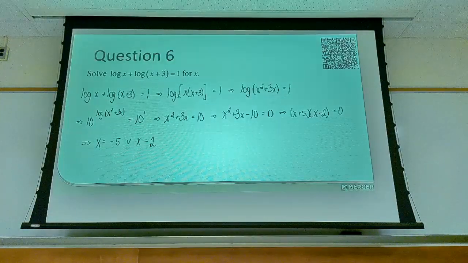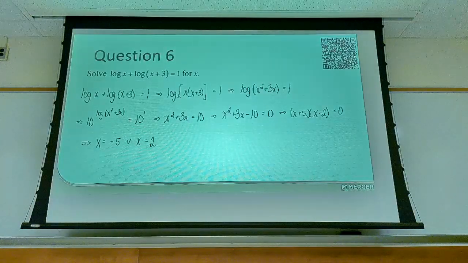Again, we were dealing with logarithms, so you have to check each one. Can -5 be a solution? We have to plug it back in or no? I mean, kind of, but not really. It can't be negative, right? So -5 can't be a solution.